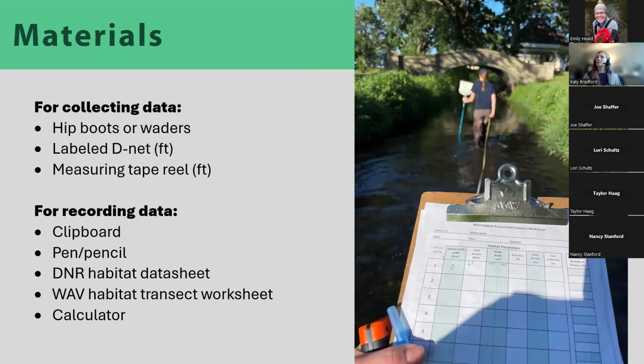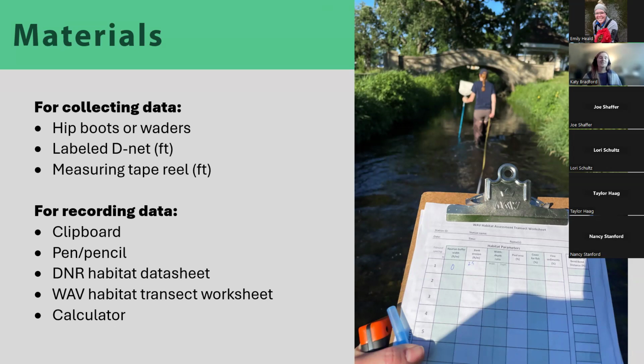For the materials that you need, whatever you have for your baseline monitoring is everything you need. So hip boots or waders, you will need your D-net labeled in decimal feet or tenths of feet, and then you will need your measuring tape reel labeled in feet too.